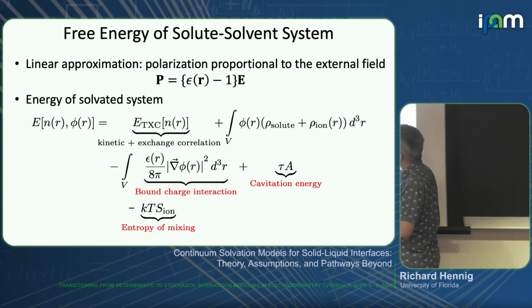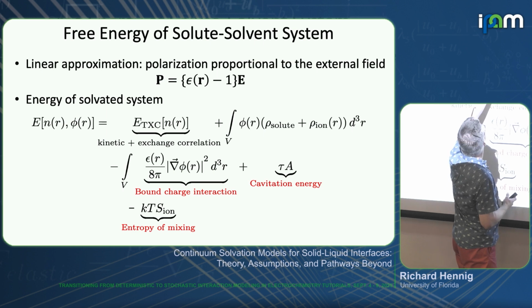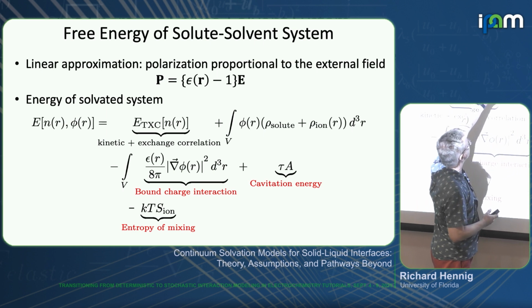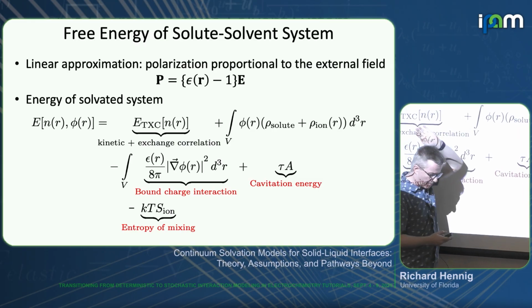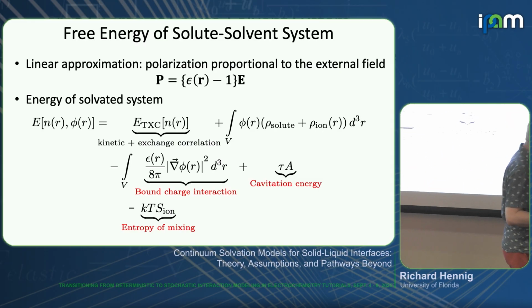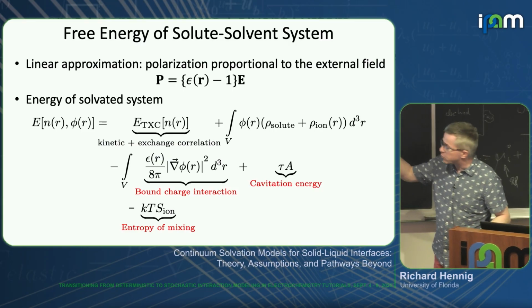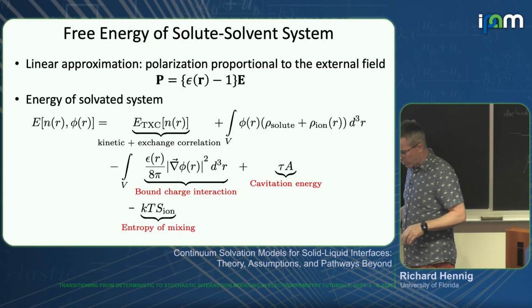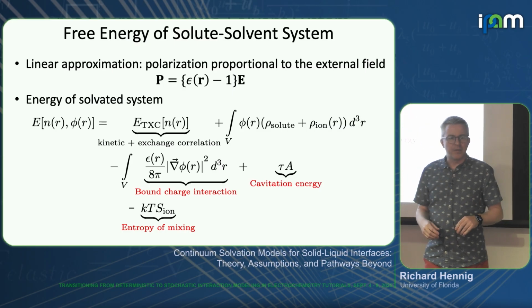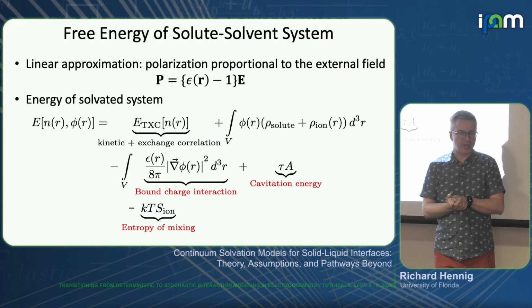There's another approximation we almost always make, though we can get beyond that, and that is a linear approximation for the polarization relative to the electric field, just simply given by that expression. We can go to nonlinear polarizability models where epsilon also depends on E. That is important because if you think about pure water, as we've already heard in some of the earlier talks, we have two contributions to our epsilon.